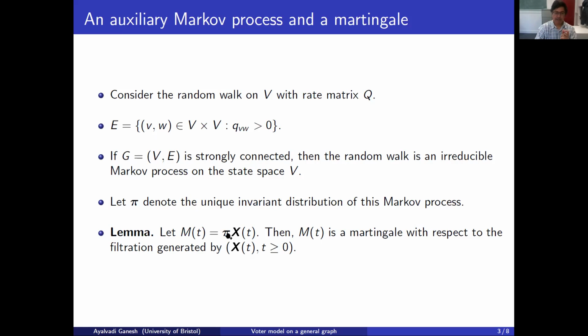So if you multiply this row vector pi and this column vector x_t, you get a number for each t, and that's what we call m_t. And the claim of the lemma is that the process m_t is a martingale. Okay, and that's what we are going to prove next.